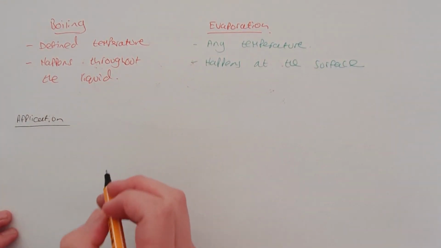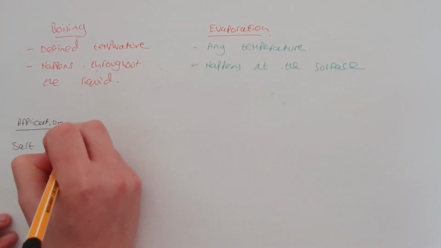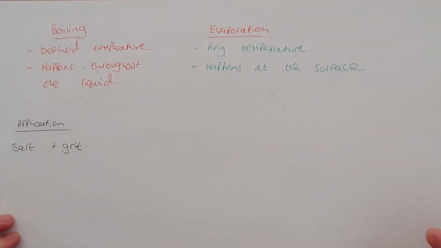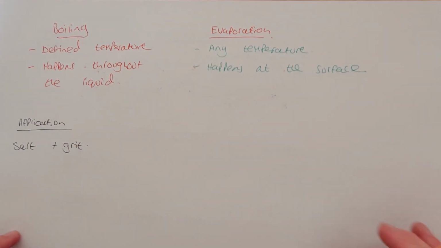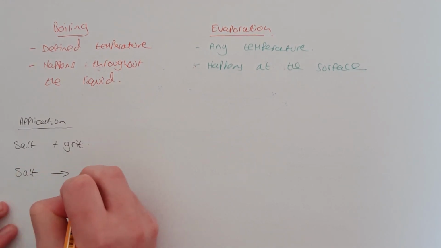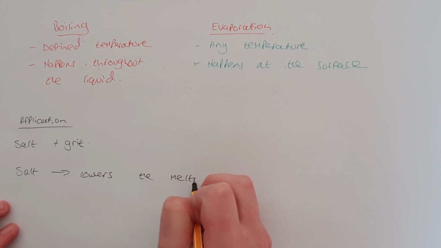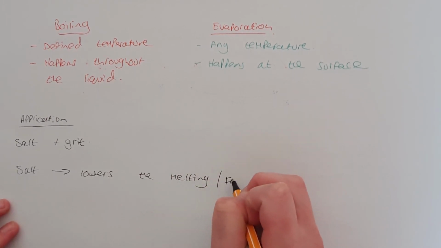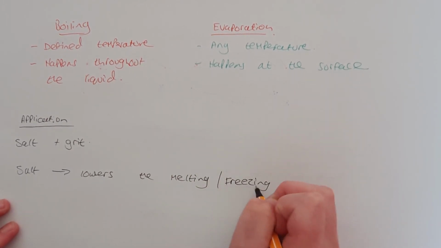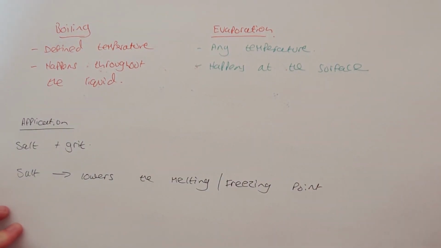Well, when we grit the roads, we actually spread salt and grit. And there's two elements to this, and that's important. First of all, the salt lowers the melting and freezing point, because it's going to be the same point. For example, ice will melt at 0 degrees. It will also freeze at 0.